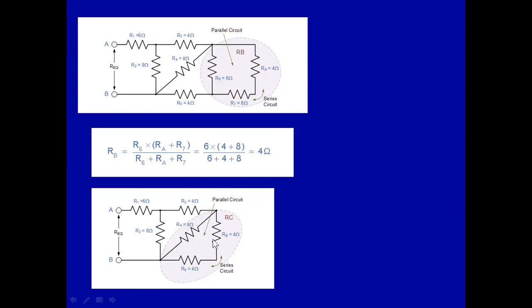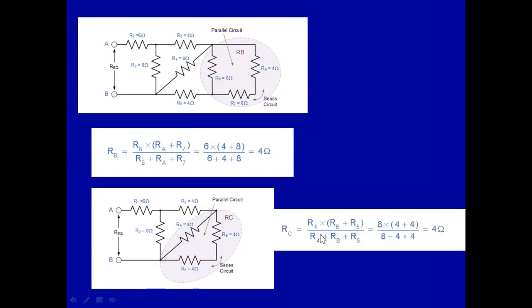Okay. Let's call this whole system as RC. So RC would be equal to R4, multiply it with the sum of RB and R5. Okay. All over the total sum of this one, which gives us 8 multiplied with 4 plus 4 all over 8 plus 8, thus simplifying the whole RC as 4 ohms.